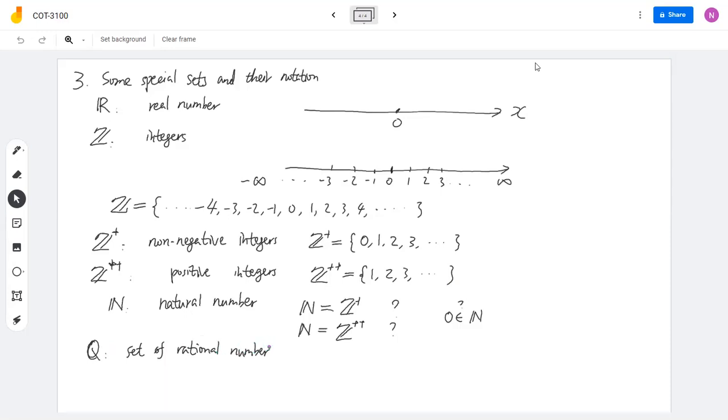And probably you haven't seen this notion before. By a rational number, we mean any number that can be represented as a ratio of two integers.